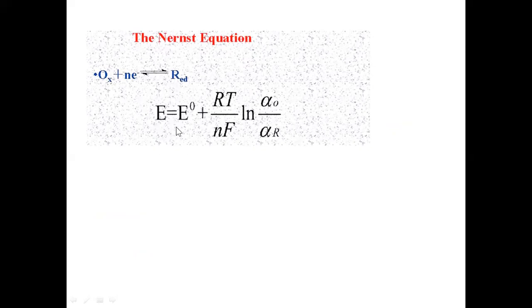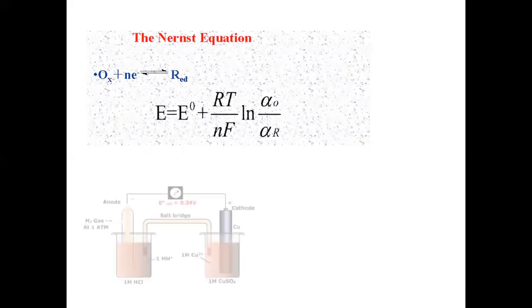Our cell voltage is equal to the standard voltage plus the gas constant multiplied by temperature, all over the number of electrons canceled out in a half-cell reaction multiplied by the Faraday's constant, times the natural logarithm of AO over AR. AO is the concentration at the oxidation cell, and AR is the concentration of the reduction cell.